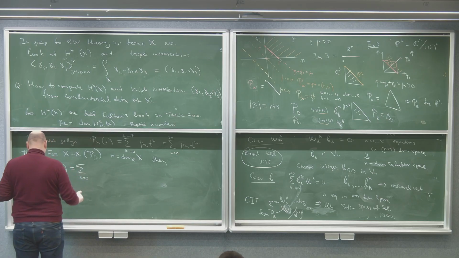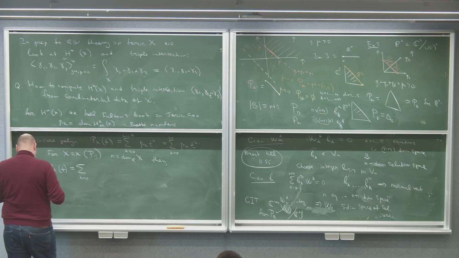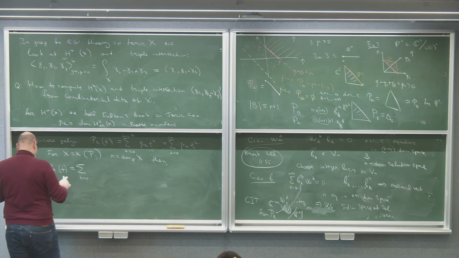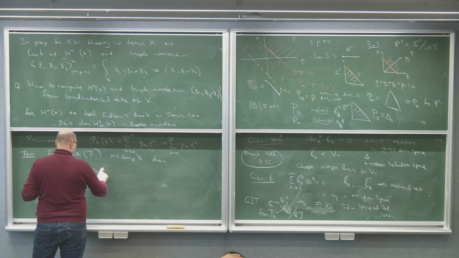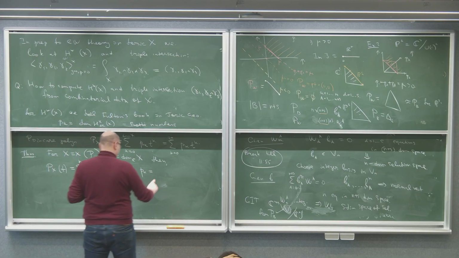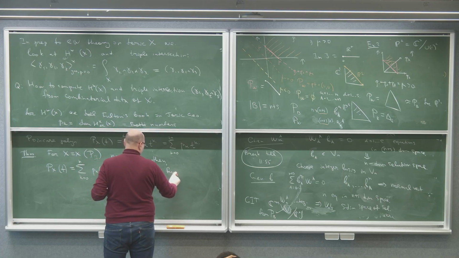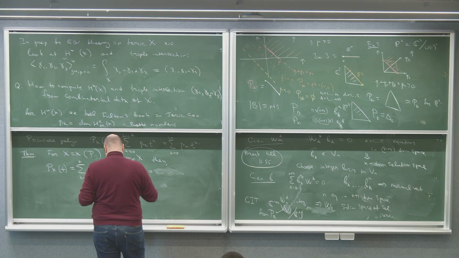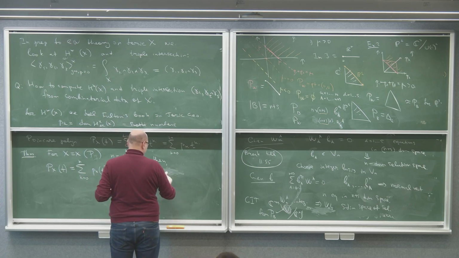The summation goes from 0 to n, and here will be p_k times (t squared minus 1) to the power k, and this p_k is the number of k-dimensional faces.